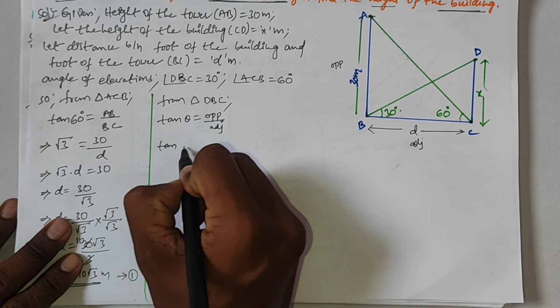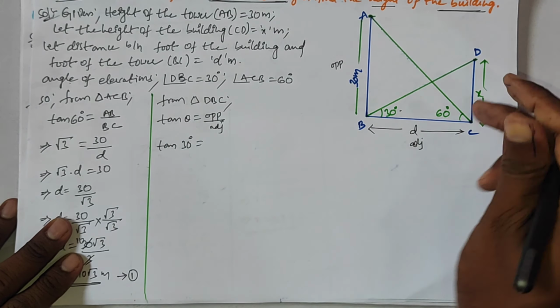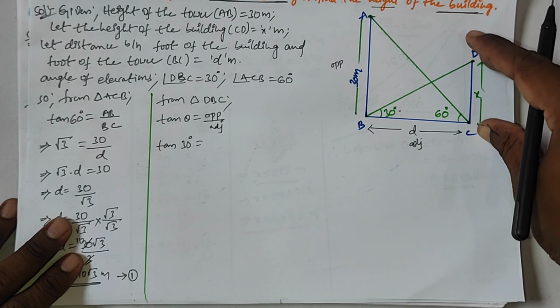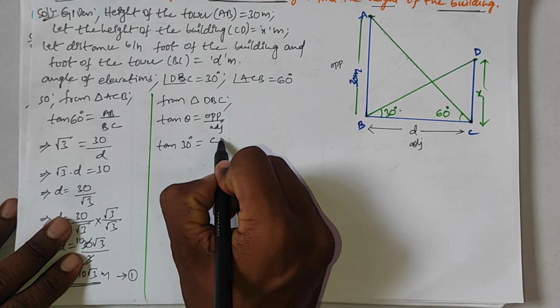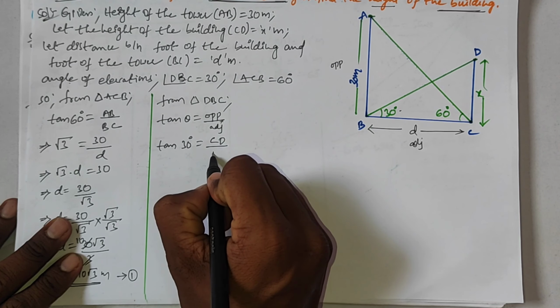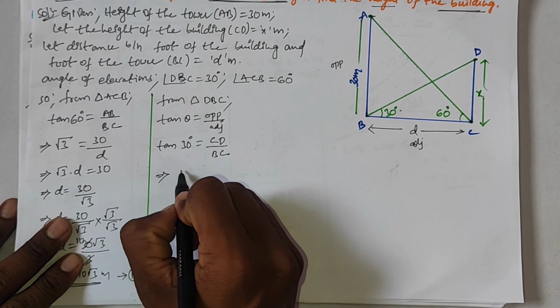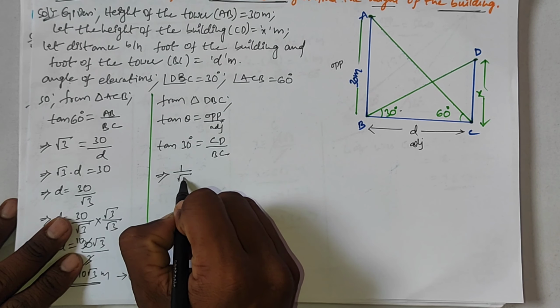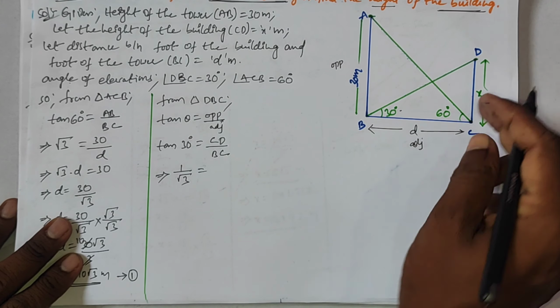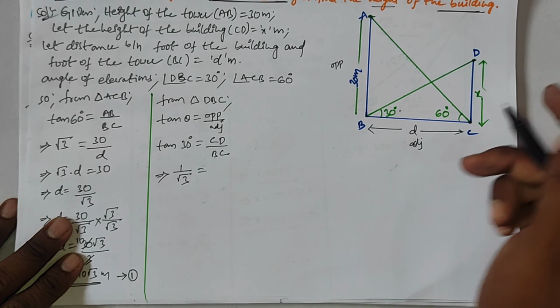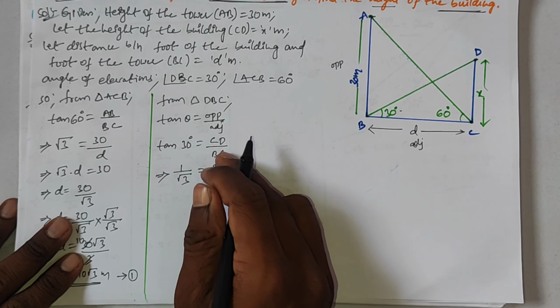Then tan 30 degrees is equal to the opposite, CD, by the adjacent, which is again BC. This implies tan 30, 1 by root 3, is equal to CD, the height of the building, considered as x meters, by BC.